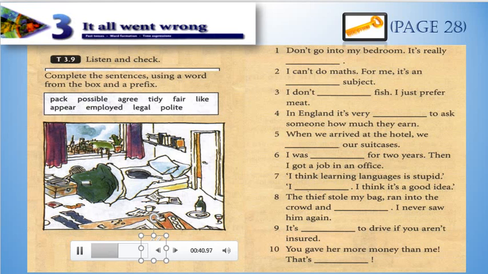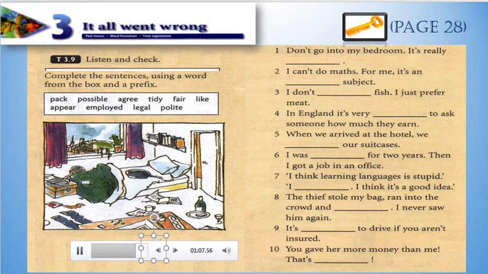5. When we arrived at the hotel, we unpacked our suitcases. Unpack. 6. I was unemployed for 2 years. Then I got a job in an office. Unemployed. 7. I think learning languages is stupid. I disagree. I think it's a good idea. Disagree. 8. The thief stole my bag, ran into the crowd and disappeared.